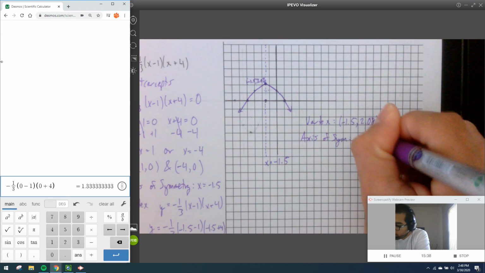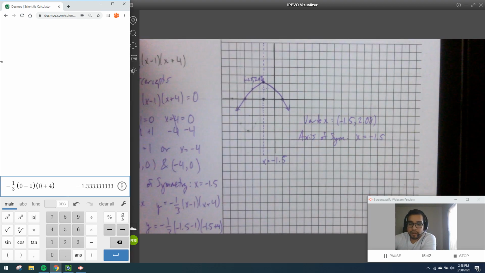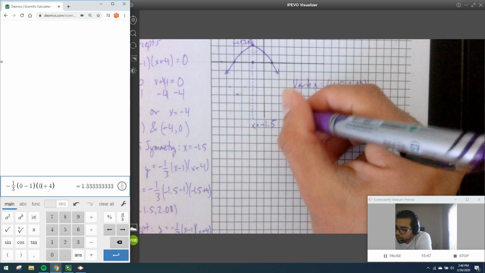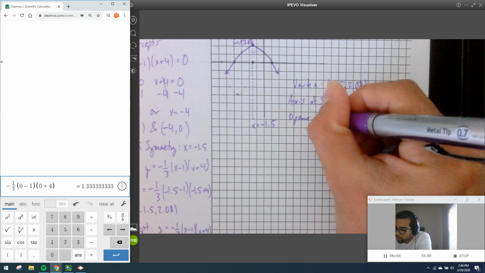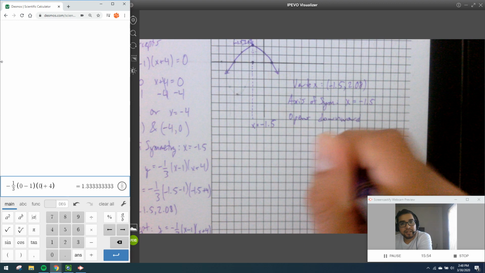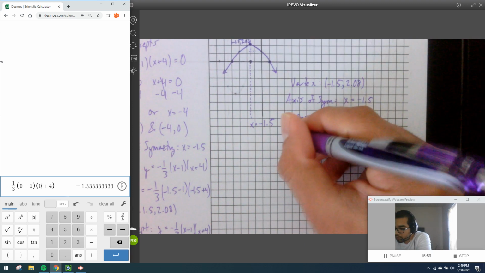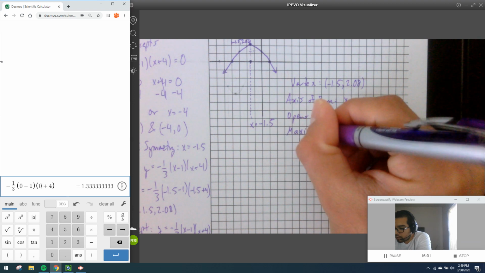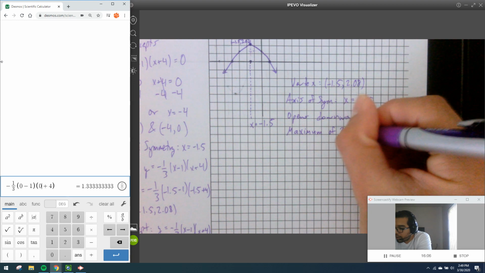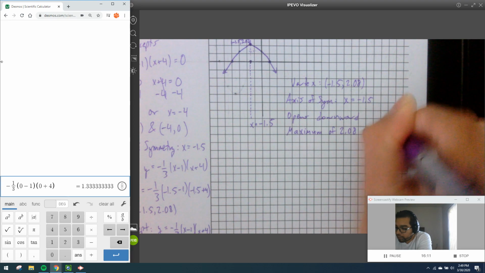X equals negative 1.5. All right, let's finish it up. We have opens down, right? Opens downward. And since it opens down, in this case we have a maximum, this is the highest point. We have a maximum of 2.08 at x equals negative 1.5.